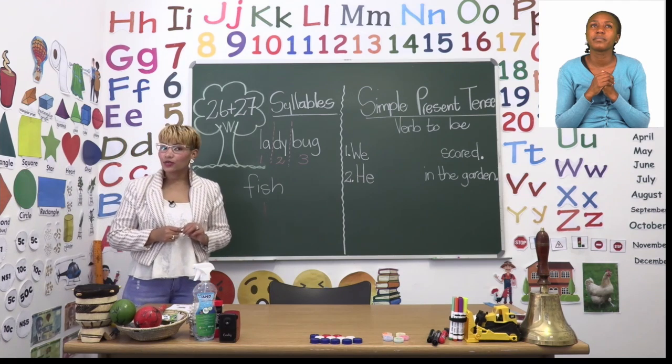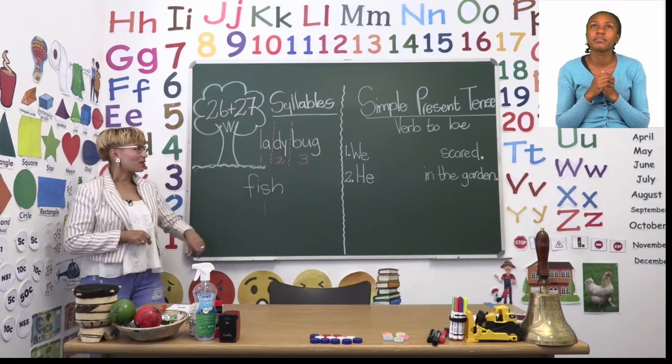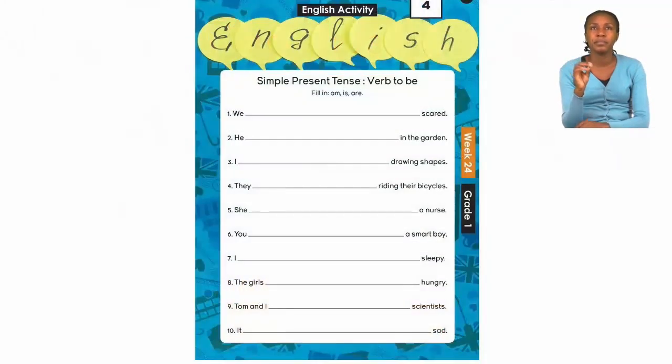Now before you continue counting all the syllables, let's quickly turn the page to 27 and see what we have to do there. Here they talk about tenses, and today we are going to do the simple present tense, verb to be.